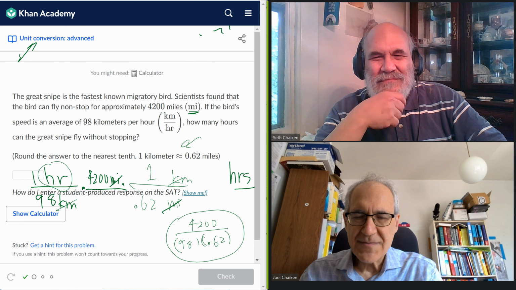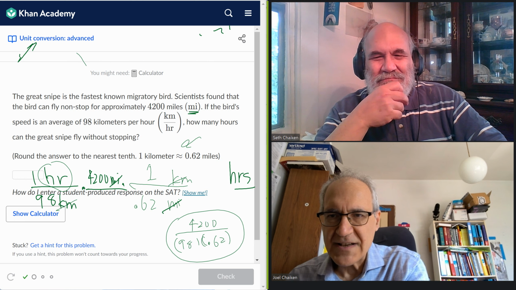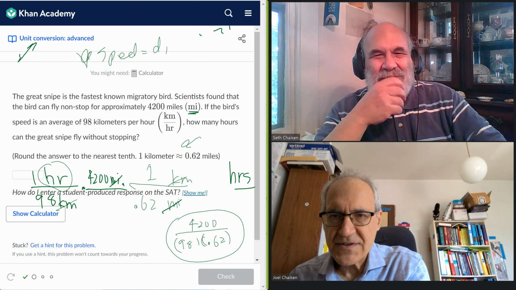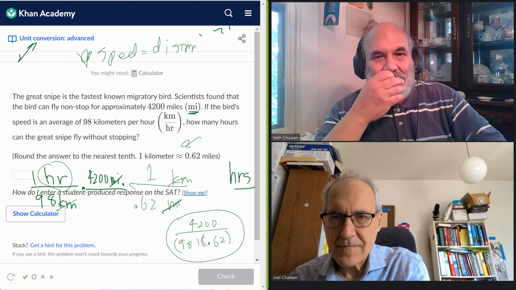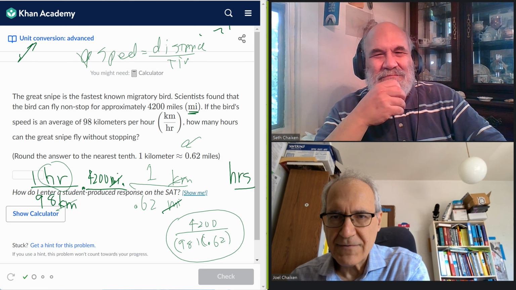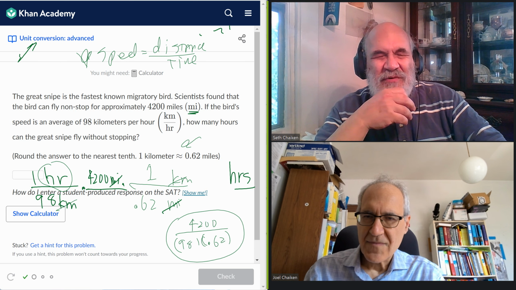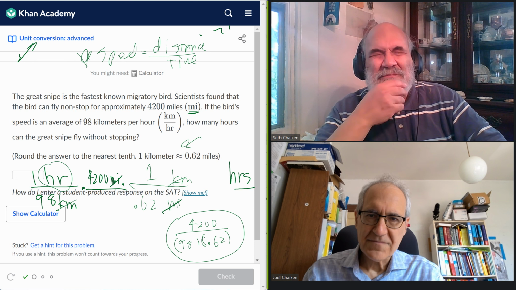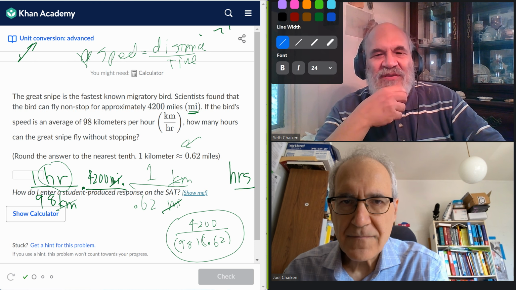This is also a speed time distance problem, isn't it? Velocity, speed is distance over time. Yeah. And you could also do it that way, right? Then you get from that, time is equal to distance divided by speed. You know the distance.